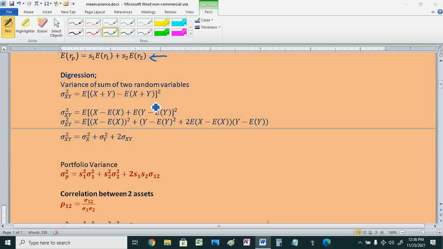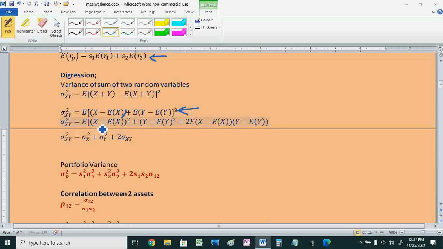So this is the formula that you might have seen in your basic statistics courses. I have rearranged this formula a little bit by opening these brackets in this format, and see that when I do this, it is in the form of a plus b whole square, and so I can open this using that formula.